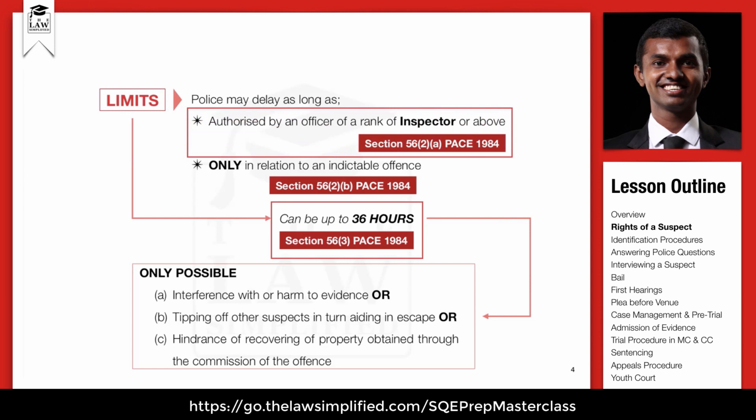So, to give a little bit of context, you start with constable, which is the lowest. Then you come to sergeant, then inspector, then chief inspector, then superintendent. So this cannot be a decision taken by a constable or a sergeant. It has to be an inspector, chief inspector, or higher up, or a superintendent.